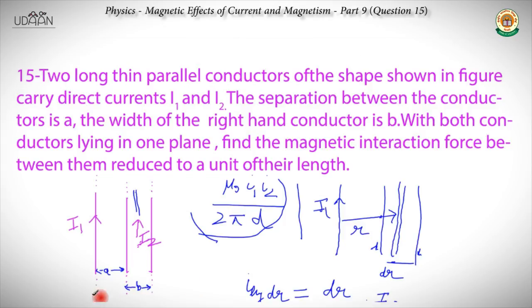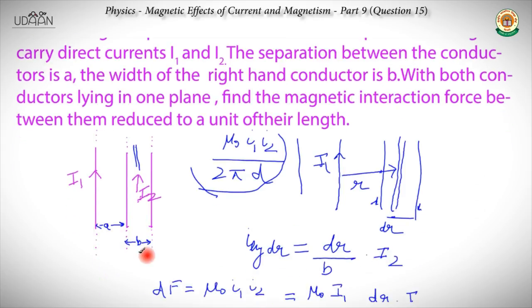We take the first conductor carrying I1 and we look at the second conductor as a whole sheet carrying a current of I2, and we divide it into very thin strips of width dr, and we find the force of interaction between those strips and the element carrying current I1.